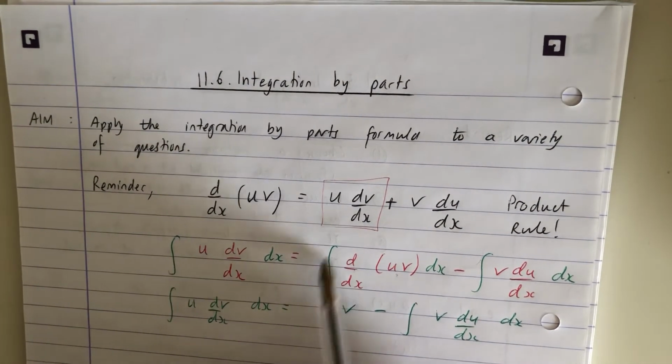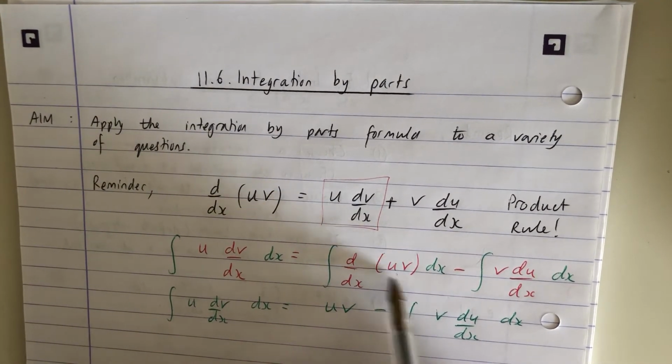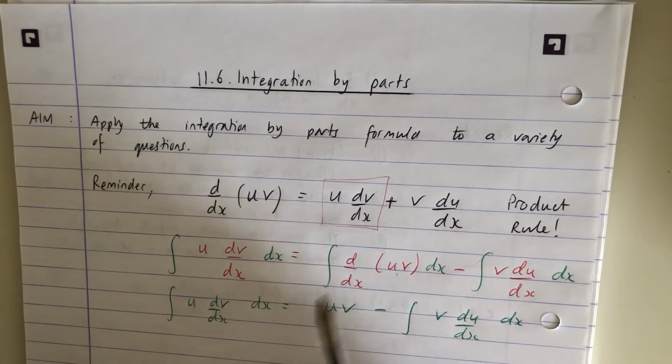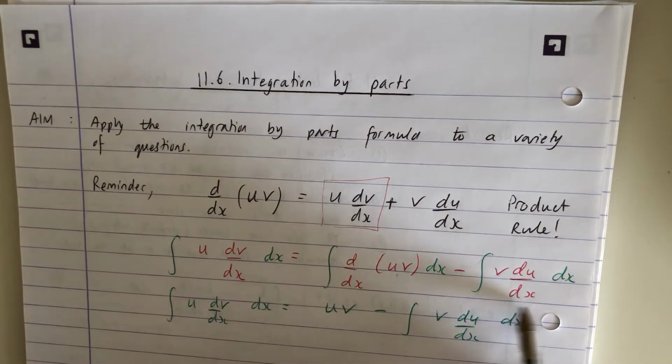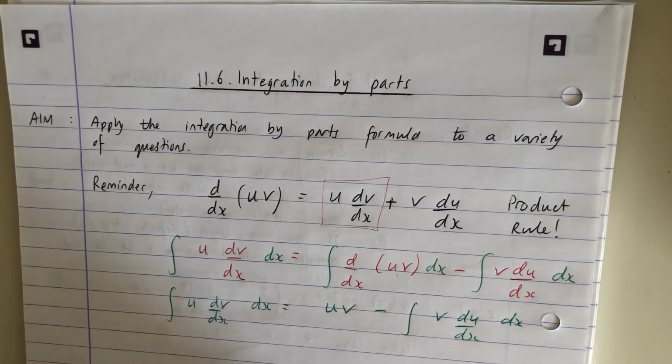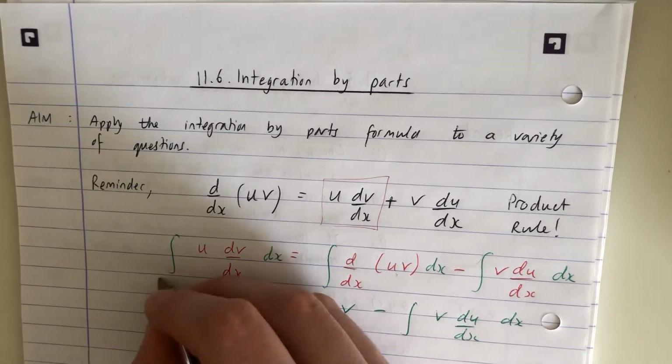The reason why this term did simplify is because everything inside that bracket is differentiated, and then everything is integrated, so they cancel out. Whereas these don't simplify because only one thing is differentiated. And you're left with this.